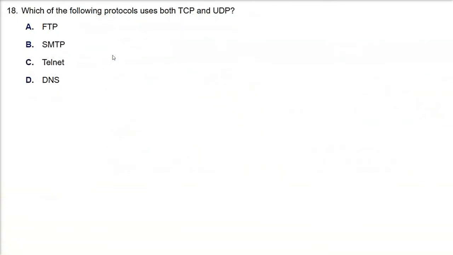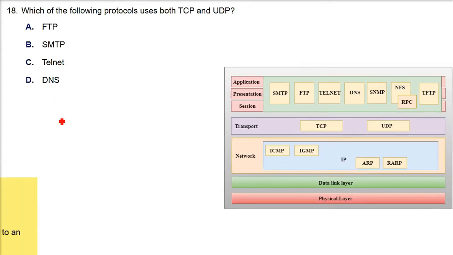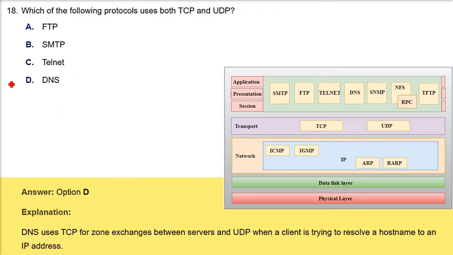Which of the following protocols uses both TCP and UDP? Can you tell me the answer? It is DNS: domain name system.